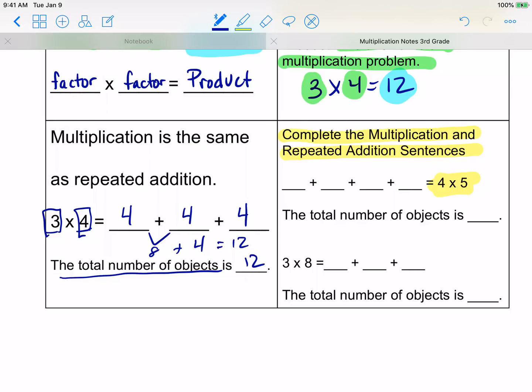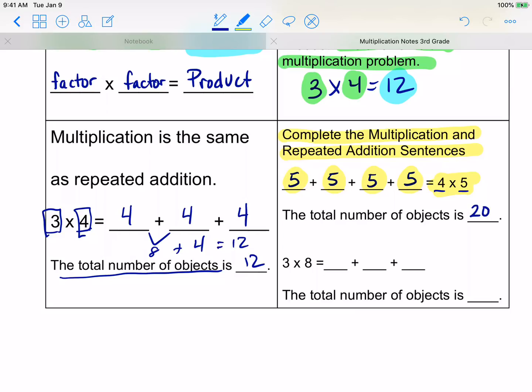We would have 4 groups of 5. So I'm going to be adding 5 together 4 times. The total number of objects, we just skip count by 5s for this one. So we'd have 5, 10, 15, 20, because we skip counted by 5 4 times. So the total number of objects is 20.